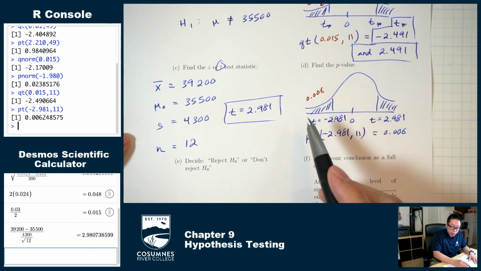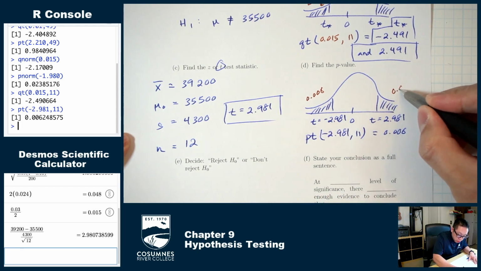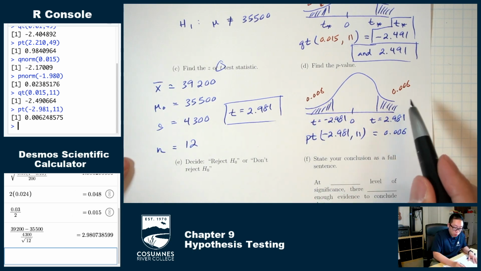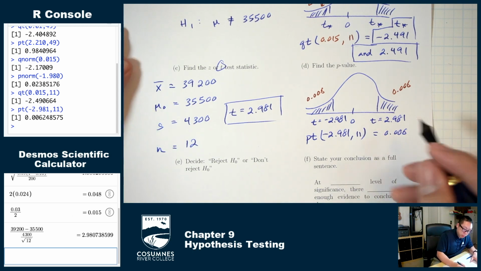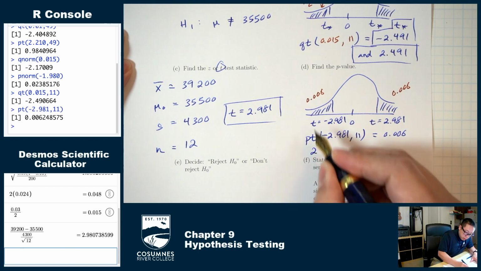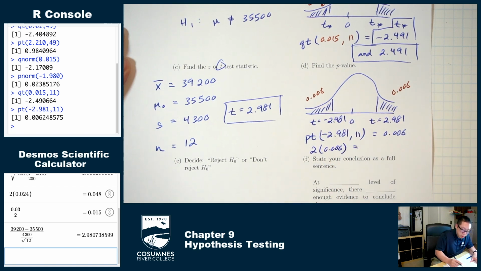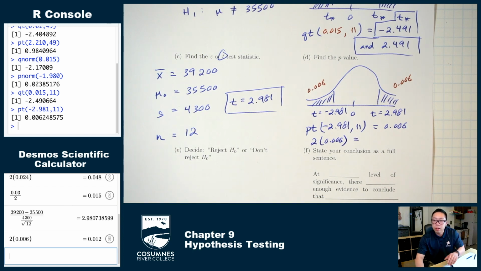Now I want the shaded area of both together. So the one on the right is also 0.006. So either add those two things up or take one of them and times it by 2. So I'll times it by 2. So my final answer for the p-value is going to be 2 times 0.006, and that's going to be 0.012.